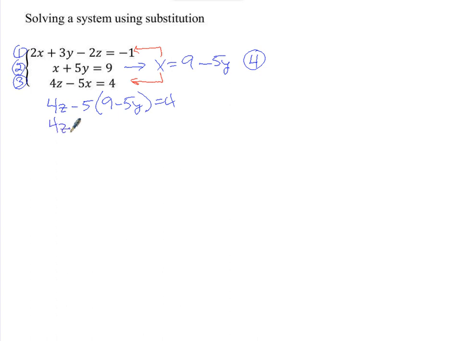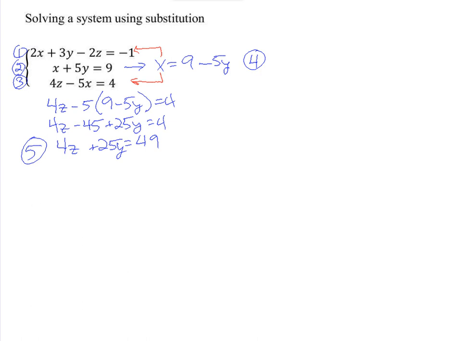We have 4z still minus 45 plus 25y equals 4. Add 45 to both sides. And now you have, and I can rearrange the letters in here if I need to, 4z plus 25y equals positive 49. And I'm going to call that one 5. That's my equation 5.